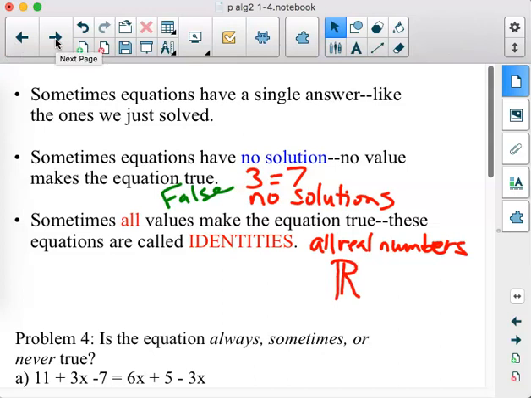So if you want to shorten up all real numbers to the math symbol for all real numbers, totally cool. After the Algebra 2 level, we really should know some of the symbols that we use in math. So sometimes all values of the equation are true, and these are called, in this book, identities, and their solutions are all real numbers.